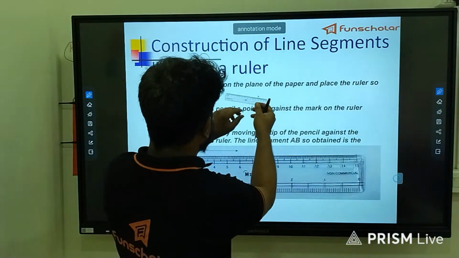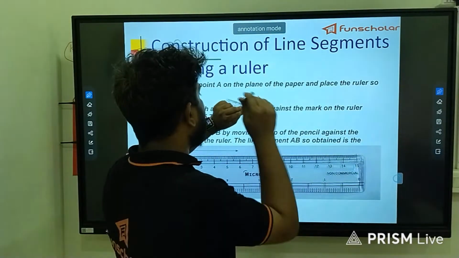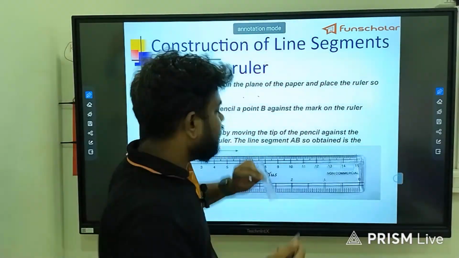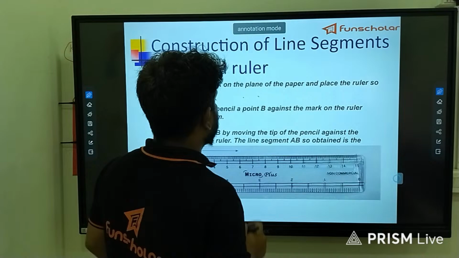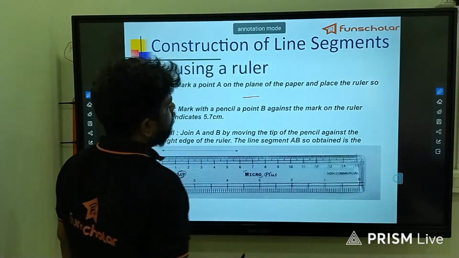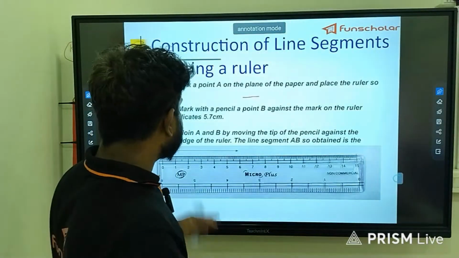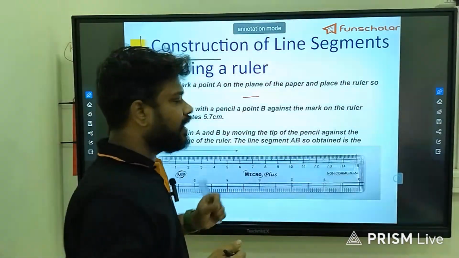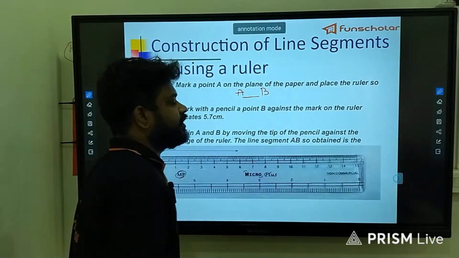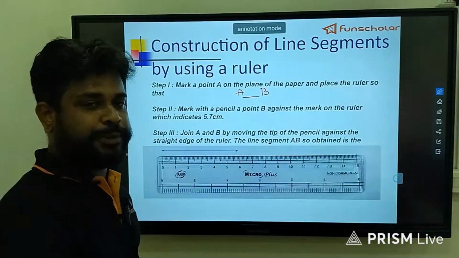Just put the scale there, take the pencil and start from the 0 and 5.7 and then join them. So 5.7 line segment is here. Then you guys can write the names, which is AB, there, and it's been done.